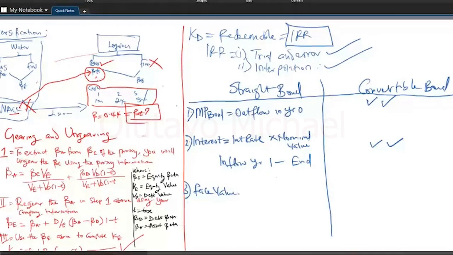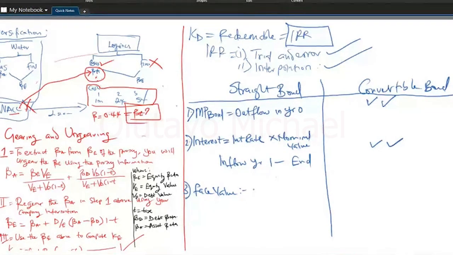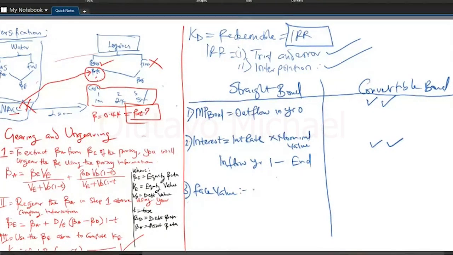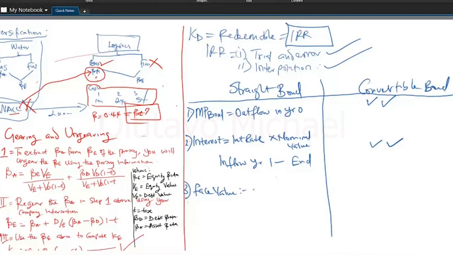The face value is the amount you are going to be given in the year of maturity of your bond. Let me make it practical. Maybe Dangote sells bonds, just like they sell shares.